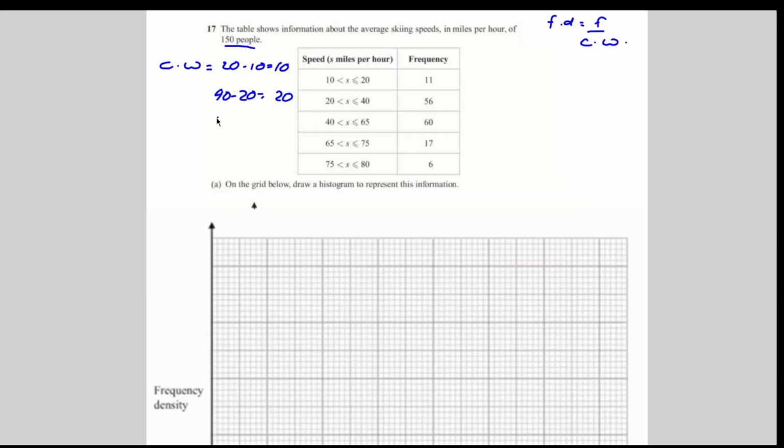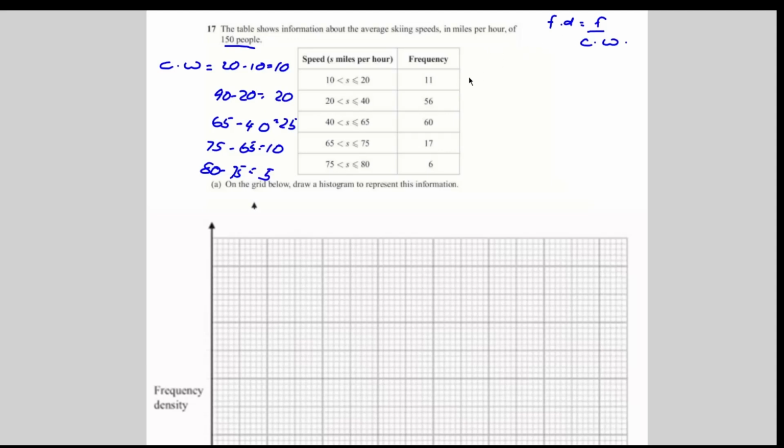This one, 65 minus 40, gives 25. This one, 75 minus 65, gives 10. Last one, 80 minus 75, gives 5. So we have class width. Now let's get frequency density.